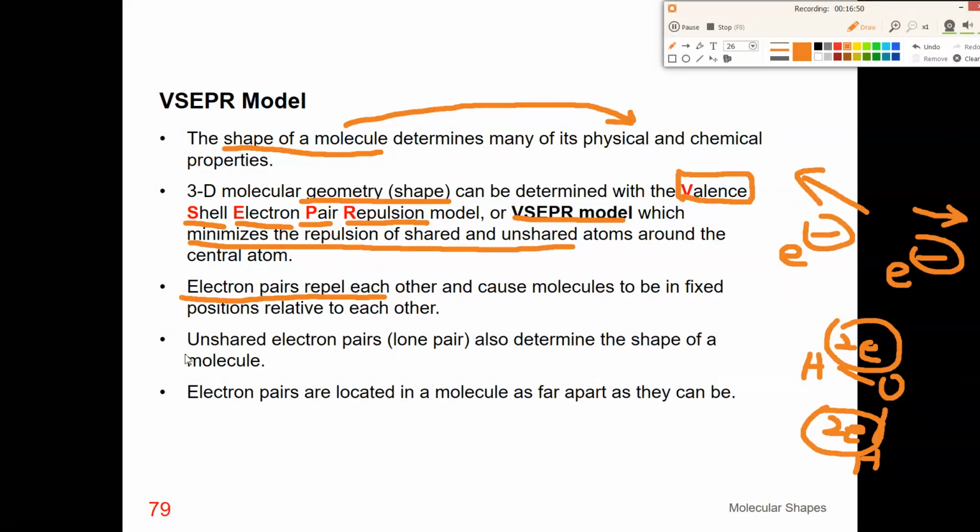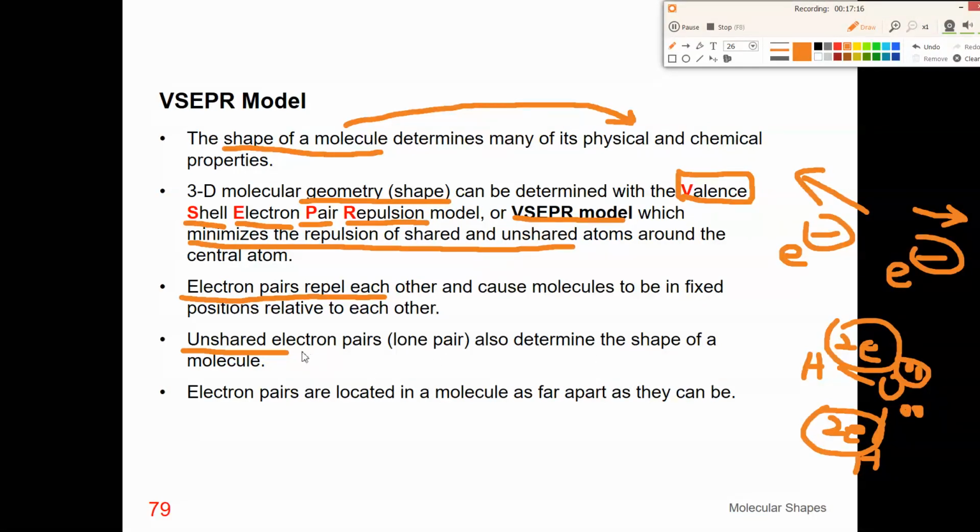Those unshared electrons, remember we talked about, like on this oxygen, it's two lone pair electrons. So those lone pairs are going to repel those bonding electrons, and also repel this other lone pair. So basically, all the electrons are going to repel each other.